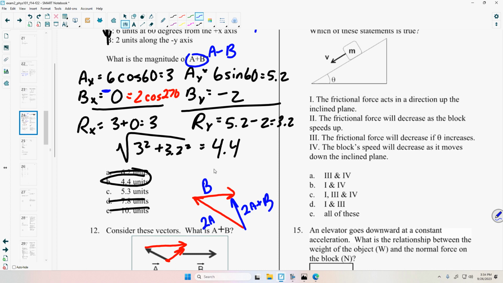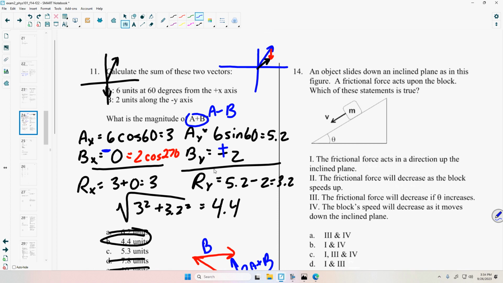So that just stays the same. And then this would become +2. That would be the only change: instead of having -2, you would have +2. That's because when you negate B, this vector is now in that direction. You're right, yeah. So the components for B, their signs are flipped.